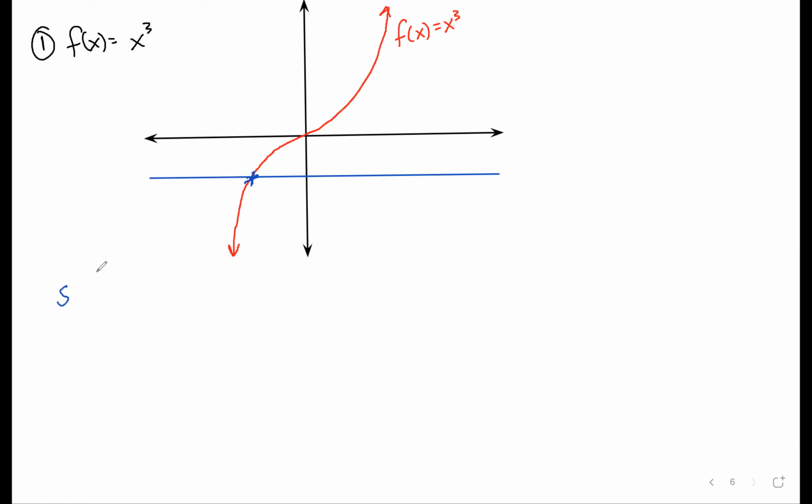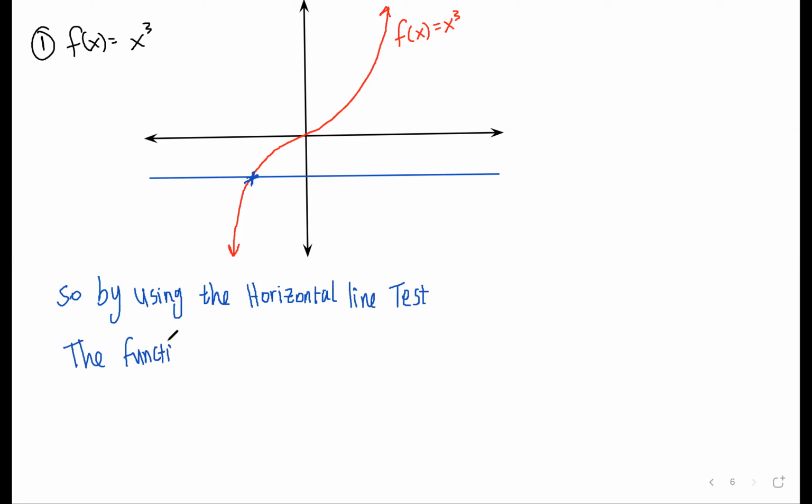So by using the horizontal line test, the function f of x equal x cubed is a 1-to-1 function.